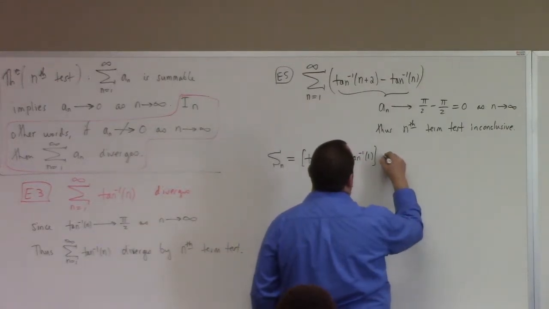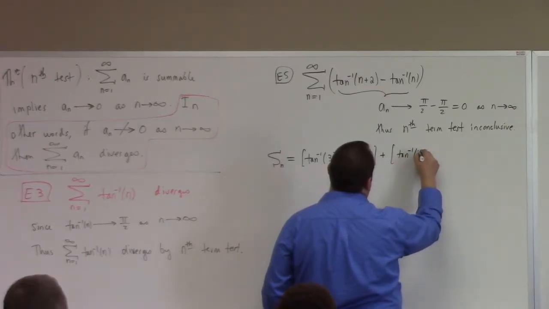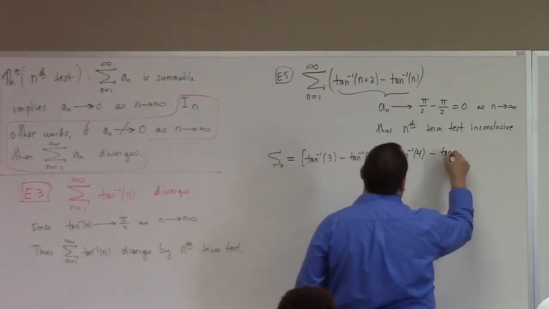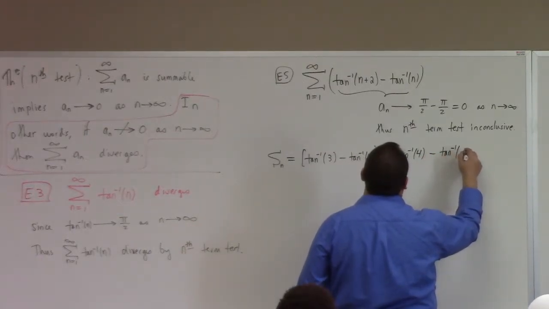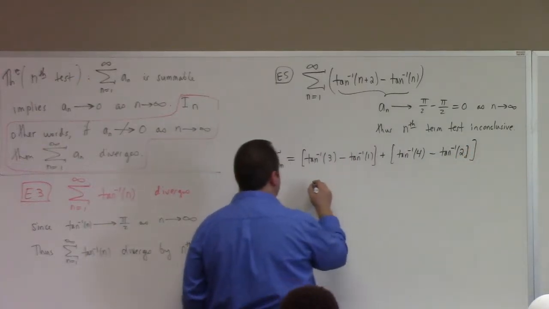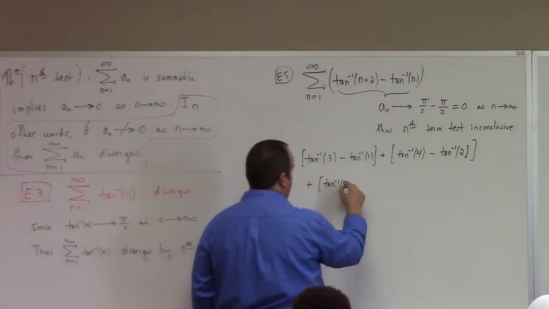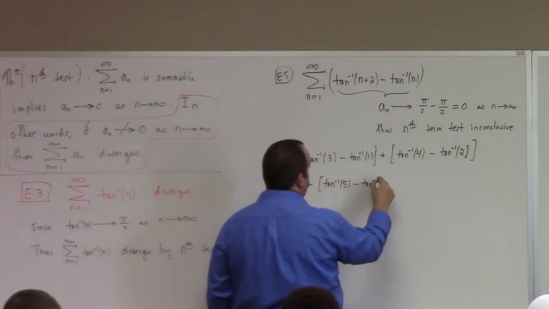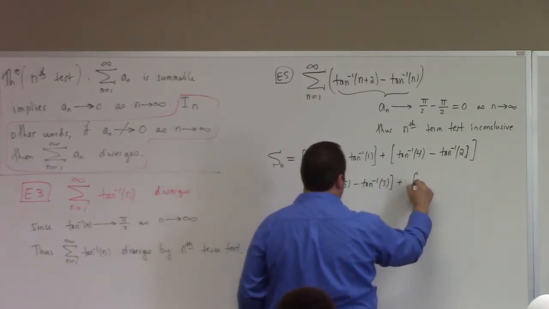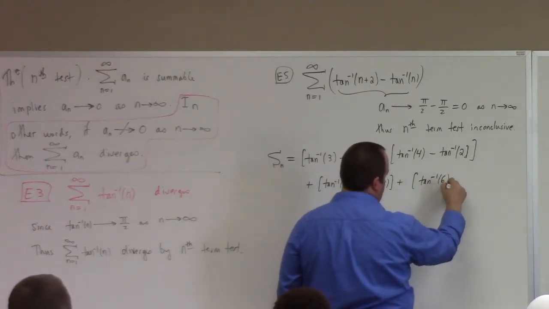Then n equals 2 is what? N equals 2, yeah. Let's see here, n equals 3. All right. N equals 4. 4 plus 2 is 6.